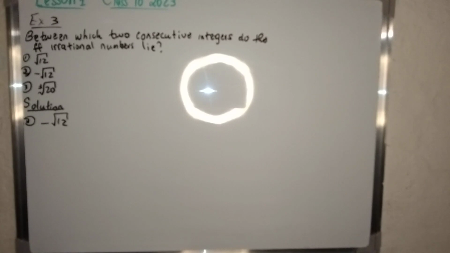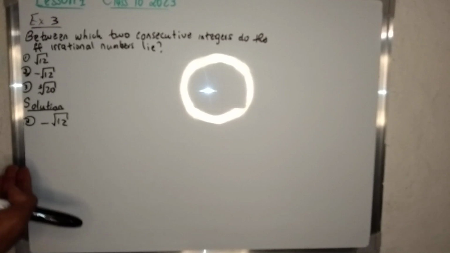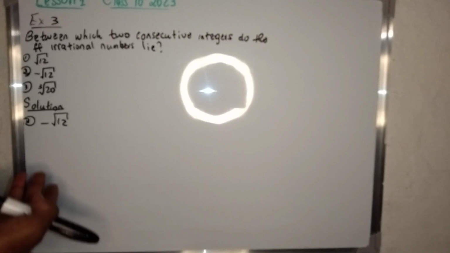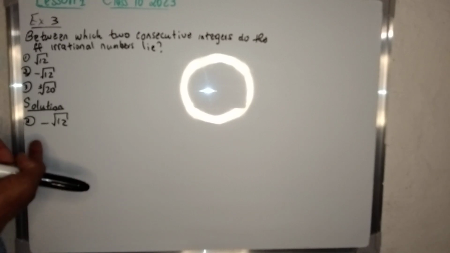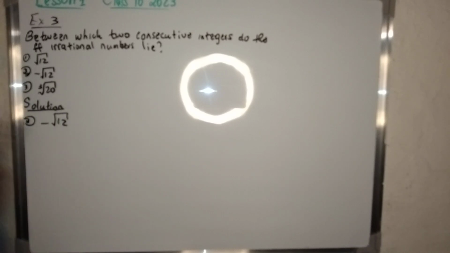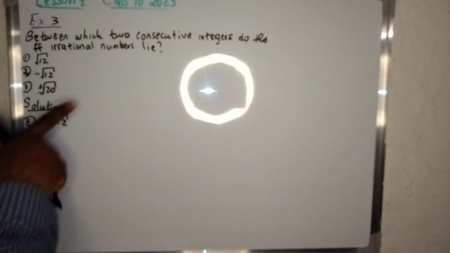Yeah, but make sure that you listen attentively to what I'm saying here. And now when we look at the second one, guys, we're going to do the same here as we did in the first question. So again I'm going to look for the number that is less than 12 which is a perfect square, counting from 12 going down and counting from 12 going up.